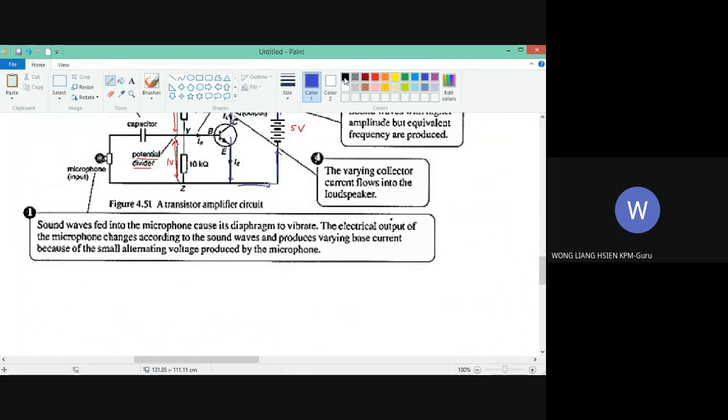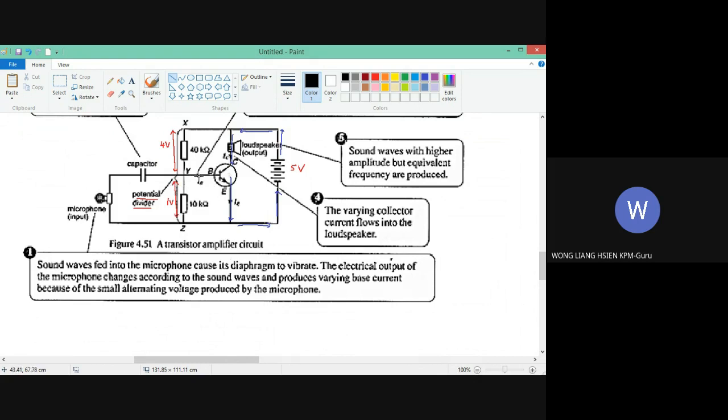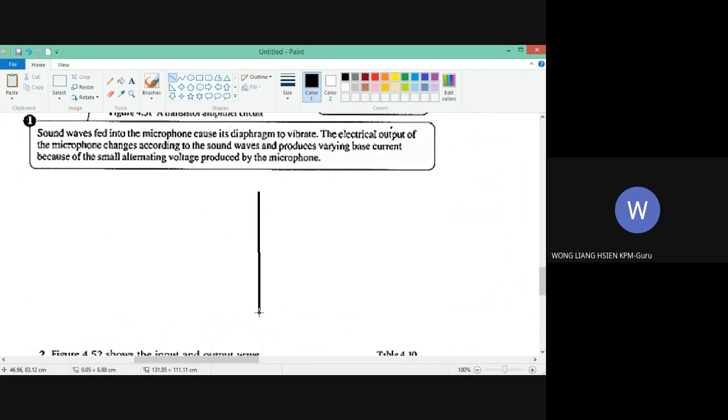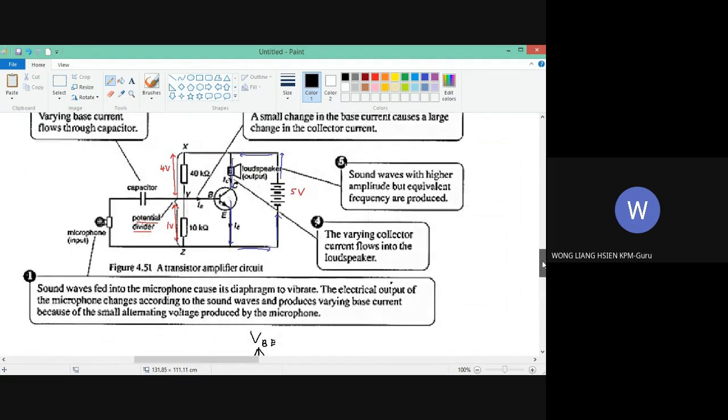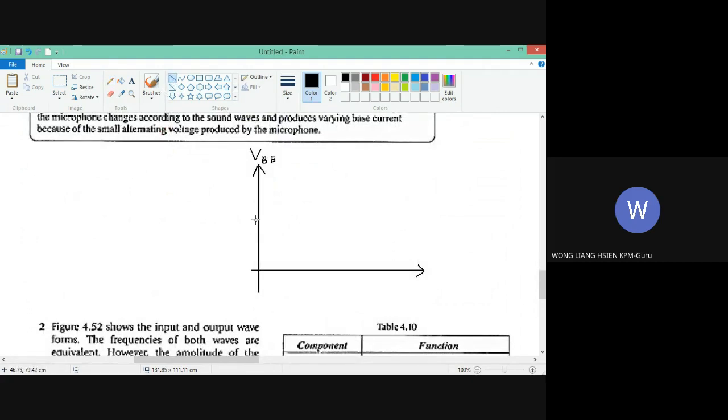If we draw a graph of the voltage between the base and the emitter, because this is direct current, the voltage is always the same.